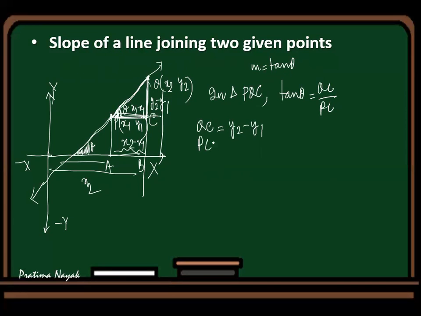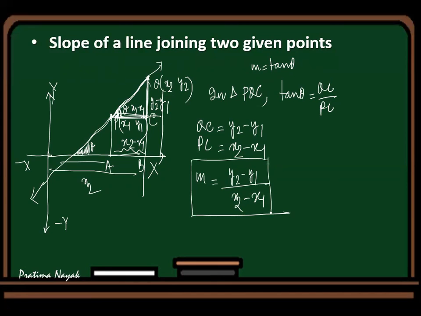So PC is equal to x2 minus x1. So what is m? Slope is tan theta, which is equal to y2 minus y1 upon x2 minus x1. So this is the slope of the line joining 2 points.